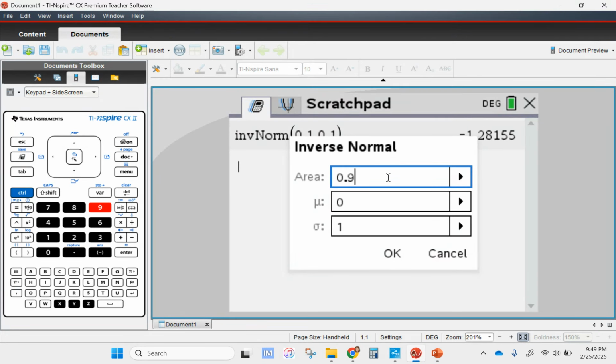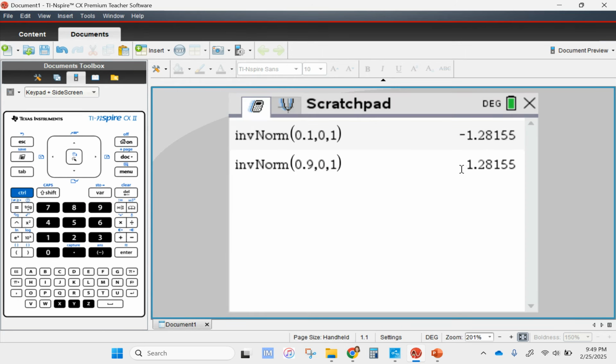Again, even though the area that I'm actually looking for is the 80% in the middle, I have to do it in reference from the left of the graph. Mean is going to be 0, standard deviation 1, and I hit OK, and there we get that positive value. So if we are truly going for that center piece of our normal curve, the z-scores on the right and the left will be the same, just a positive and a negative version.